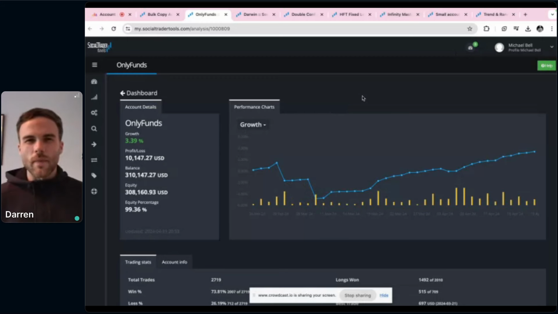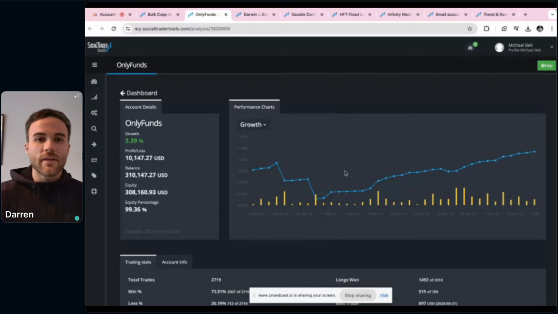Now, what I realized from that is if I copy over at 100% lot multiplier each time, I'm going to be overexposed. So what I started to do was copy over at 0.25%, and I realized that I could make back those losses and some if I just bulk copy with a little bit less exposure. So that's what I started doing.